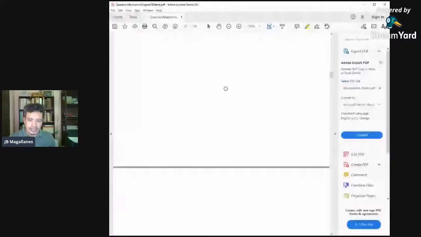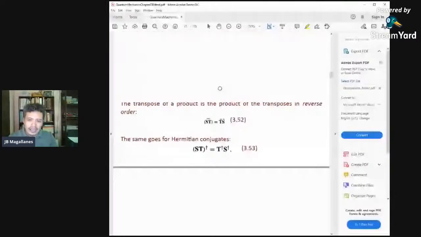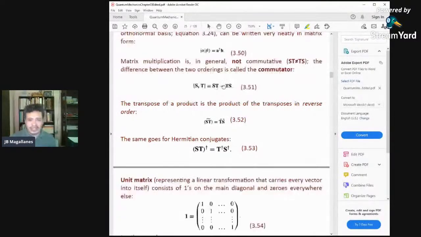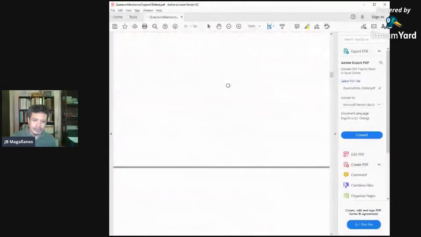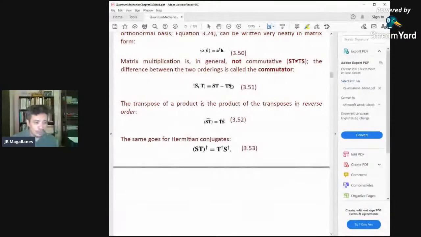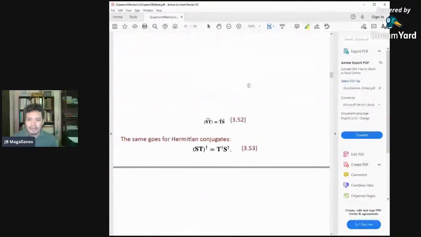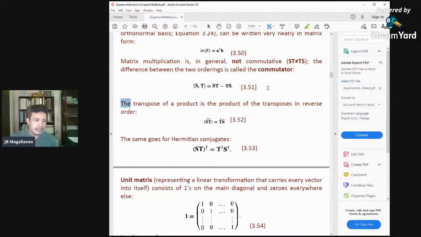If they are equal, then this is zero, and we say that the two matrices commute.